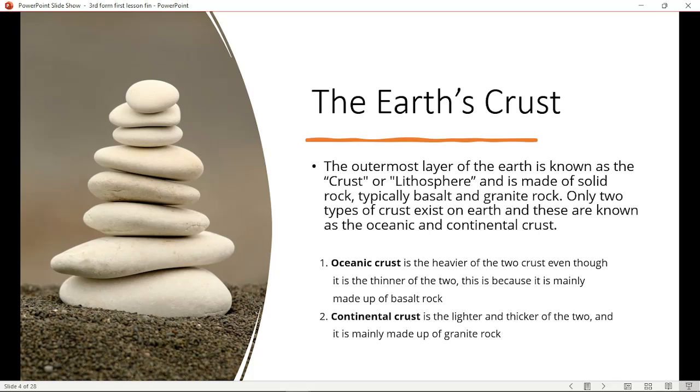The oceanic crust is the heavier of the two crusts, even though it's the thinner of the two. This is because it is mainly made up of basalt rock. And the continental crust is the lighter and thicker of the two, and is mainly made up of granite rock. And these two different compositions will change the weight and the density of the two separate crusts.